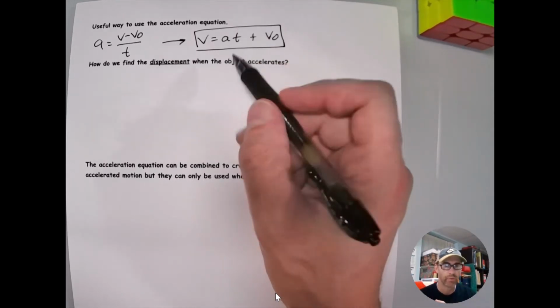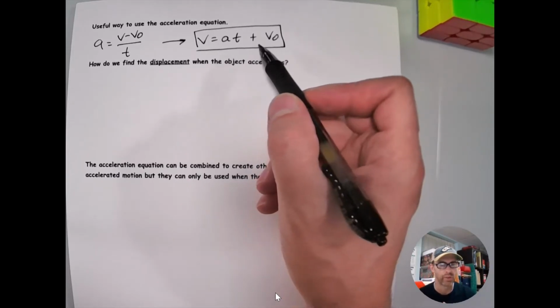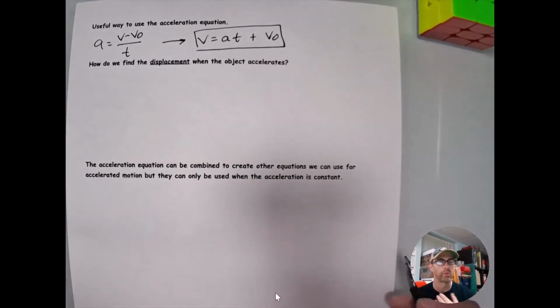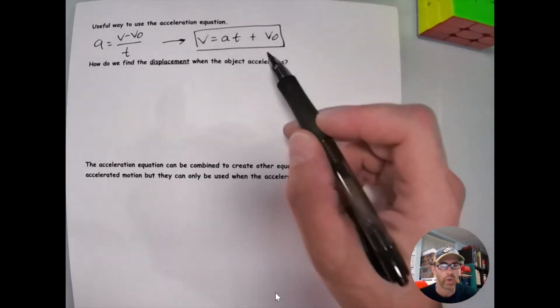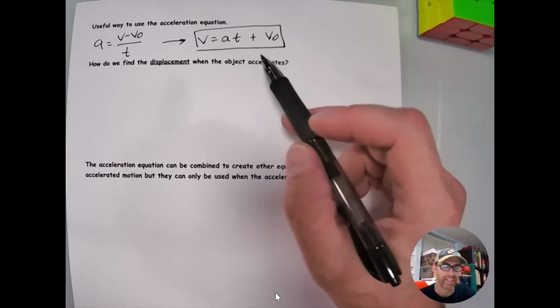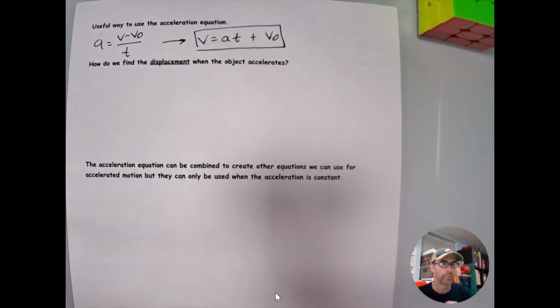But if you want to solve for the time, or you want to solve for v naught, I'm not going to write every single version of the equation because you should be able to do that algebra. This is definitely very doable for any high school student. What I would recommend is that the easiest way probably is to write the equation and then plug in all the numbers on the line underneath it.